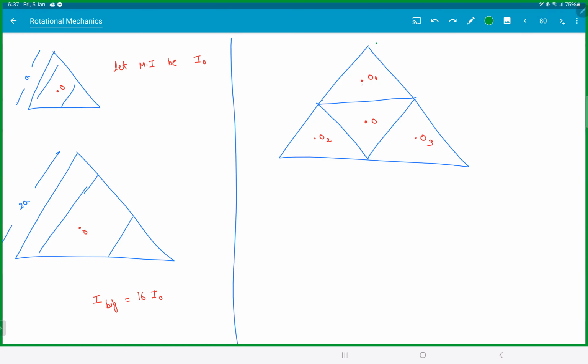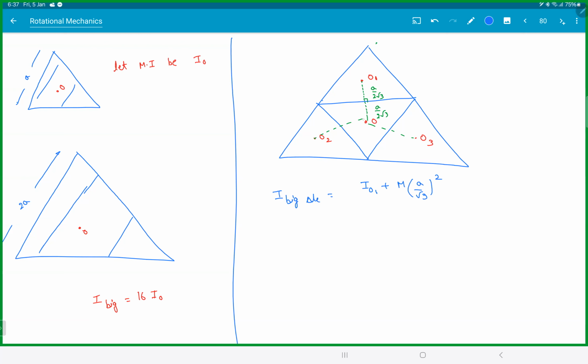So what I will do from here, I will use parallel axis theorem from here to here. This will be A by 2 root 3. This will be A by 2 root 3. Similarly, I'll use parallel axis theorem from here. So the moment of inertia of this big triangle is the moment of inertia of these three small triangles, which is IO1 plus M into (A by root 3) whole square.